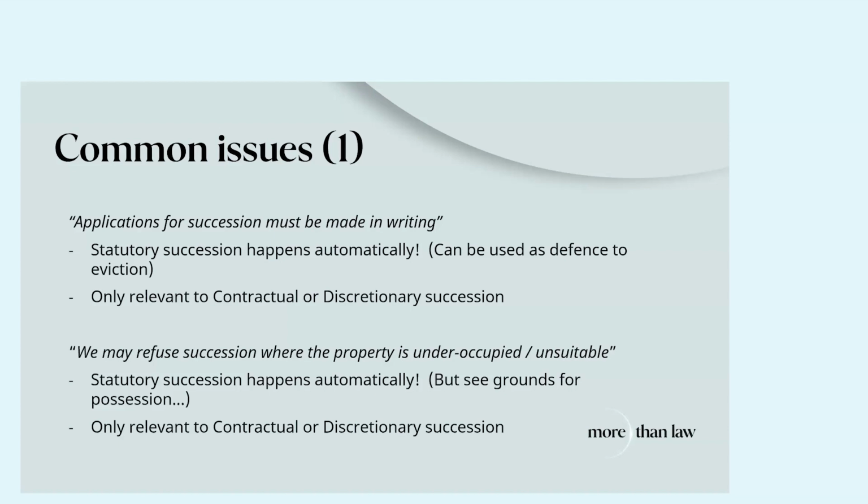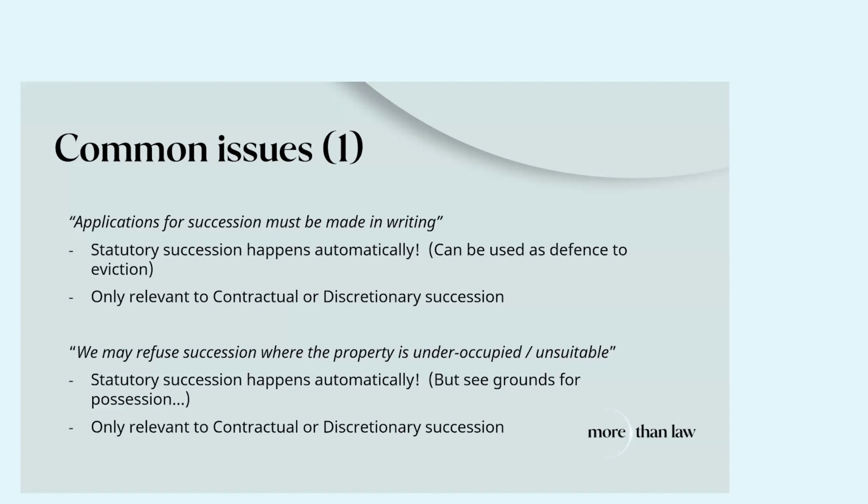You then start possession proceedings because they're under-occupying or causing problems. It can nonetheless still be used as a defence to the possession proceedings if their basis of defence is: I am actually an assured tenant or a secure tenant because I took on this tenancy automatically via statutory succession. That can be raised as a defence potentially even at the last minute.